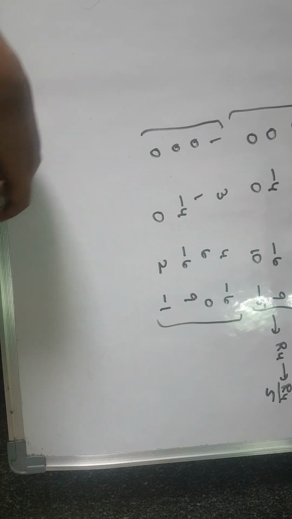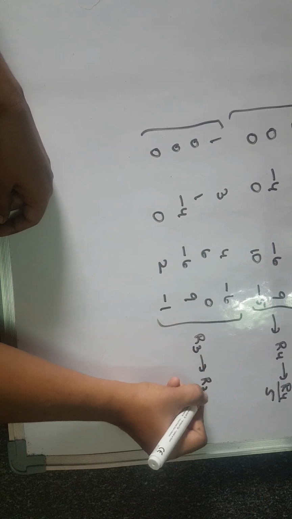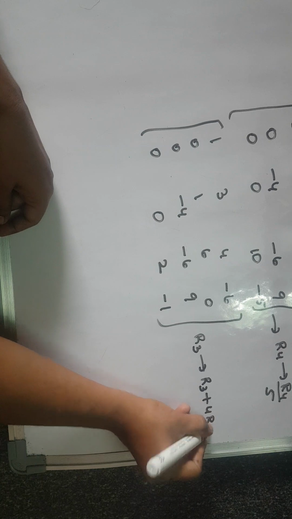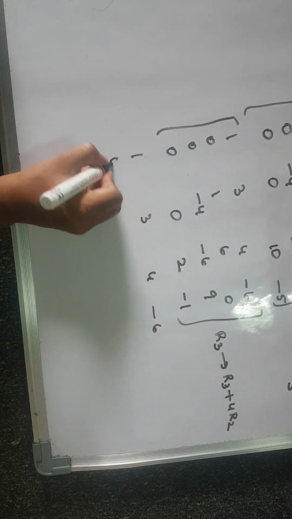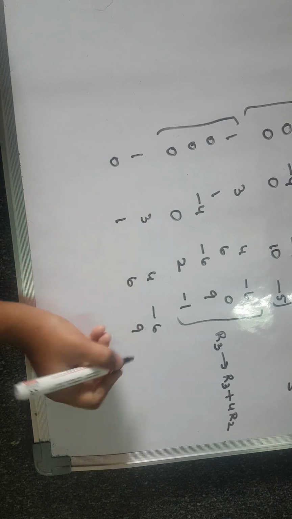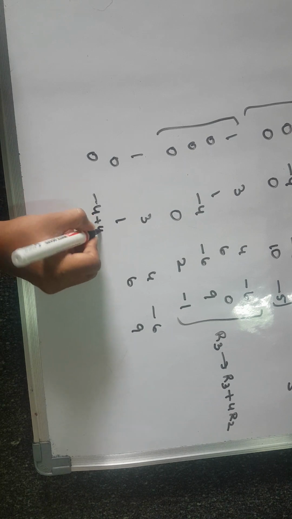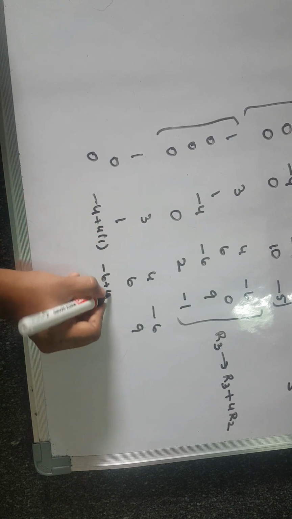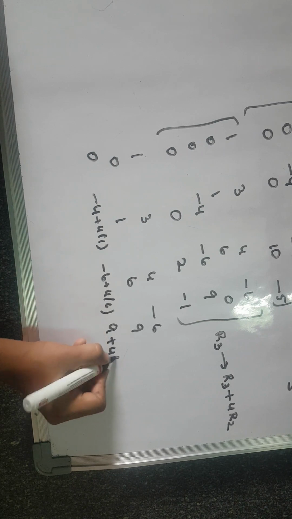Okay, now make R3 implies R3 plus 4 into R2 here. 1, 3, 4, minus 6, 0, 1, 6, 9, 0, and R3: minus 4 plus 4 into 1, minus 6 plus 4 into 6, 9 plus 4 into 0.